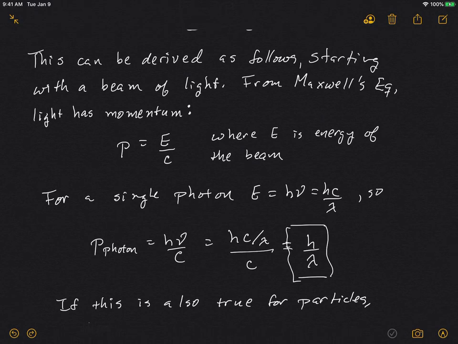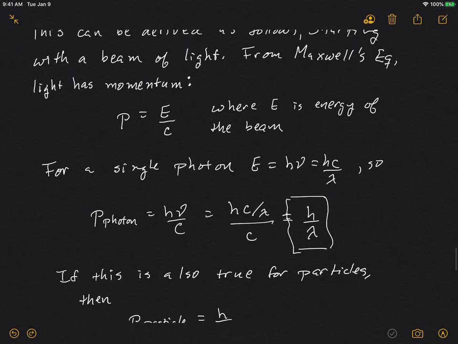And anyway, according to Maxwell's equations, the momentum of a beam of light is the energy of the beam divided by the speed of light. So if we just switch to the single photon case, we just talk about one of the photons in that beam. Now that momentum of the single photon is going to be very small, but we can still talk about what it should be, even though it might be hard to measure at the single photon level.